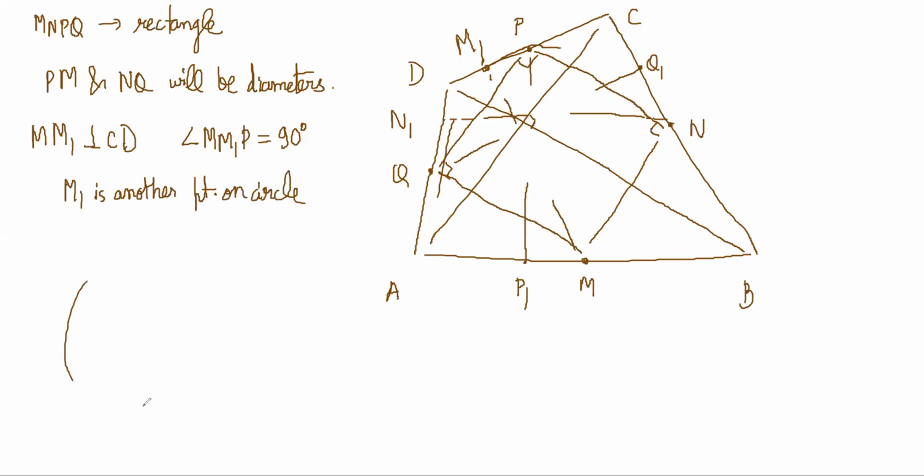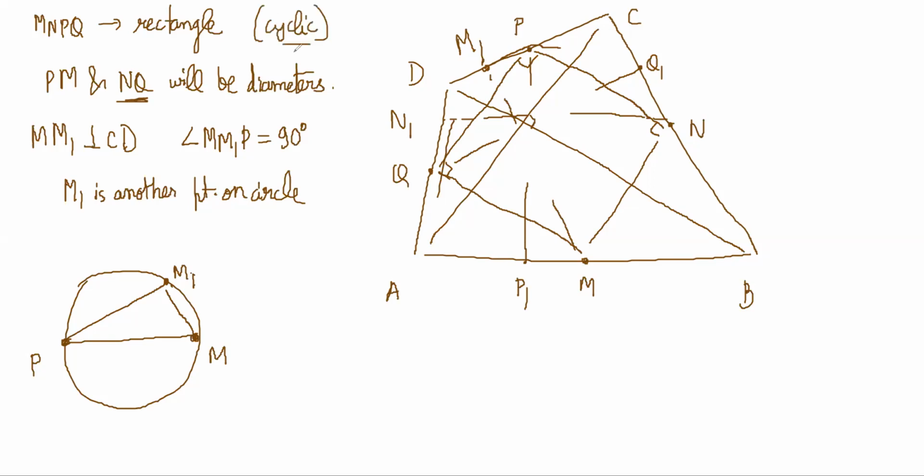Because suppose you have a circle with PM as diameter, and if you find another point where angle MM1P is 90, then M1 must lie on that same circle which passes through P and M. And on that same circle, N and Q also lie. So MNPQ is a cyclic quadrilateral, and for N also you will find a similar point Q1, and for M also you'll find P1.